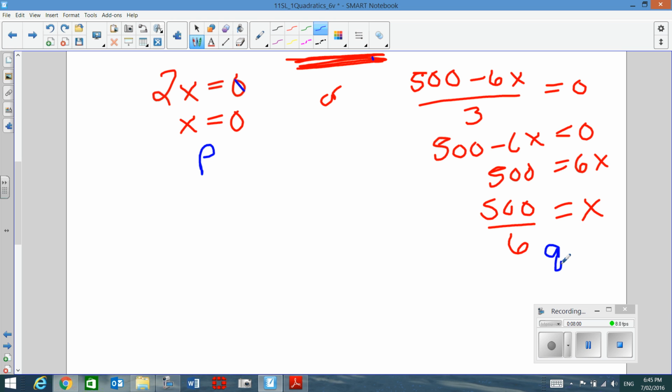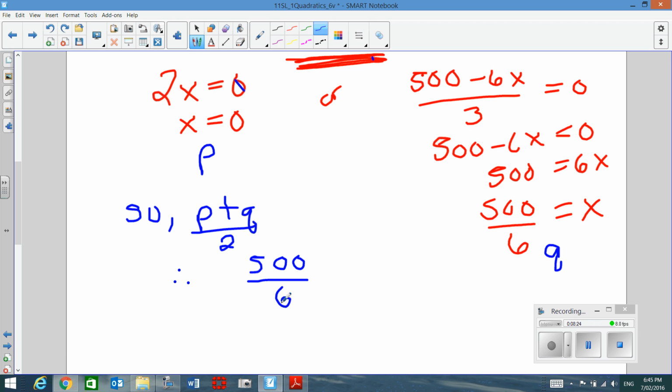So if you're looking at both of these, we can identify this as your P and your Q. And if I want to find my vertex, it would be the average of those two. So I can take P plus Q and divide by 2. And in this case, since my P is 0, you're really just going to take the 500 divided by 6 and divide that by 2.